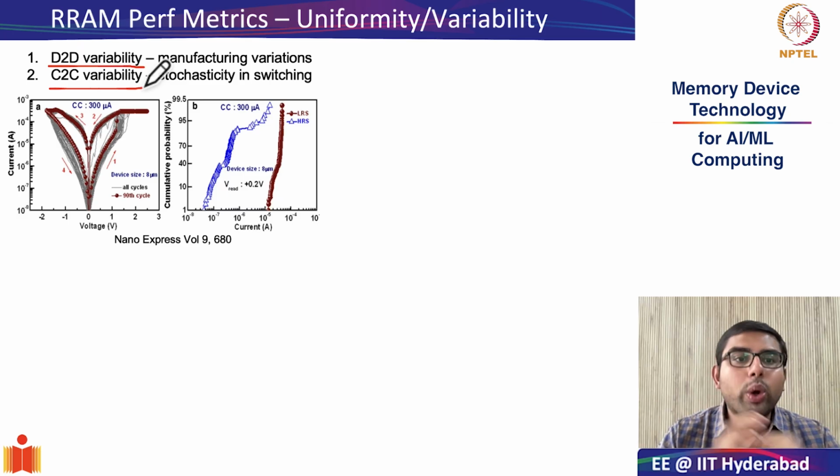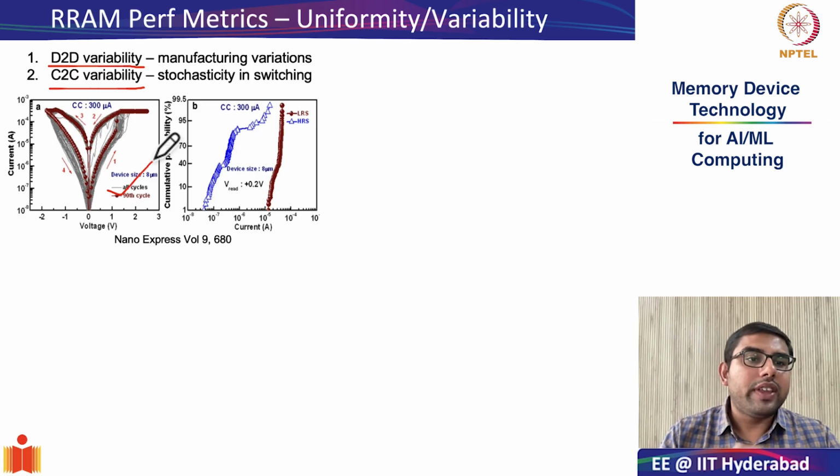And this is what we will look at in a little bit of detail. In this particular image, you see that for 100 cycles, the RRAM's IV characteristics have been demonstrated. These gray lines indicate the spread in the IV characteristics across different cycles.